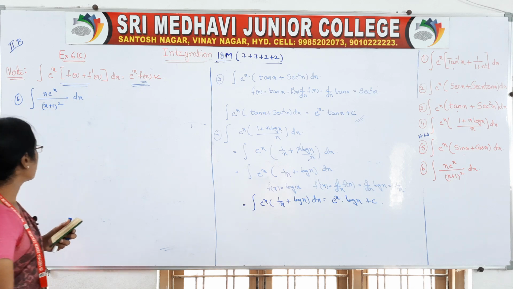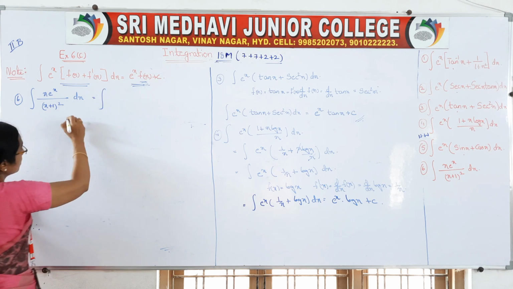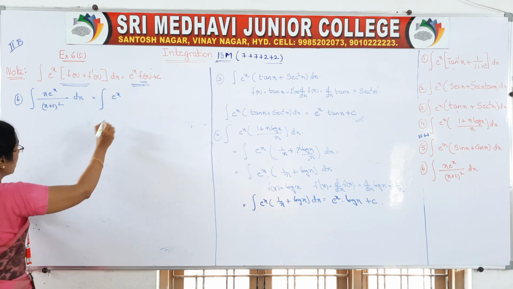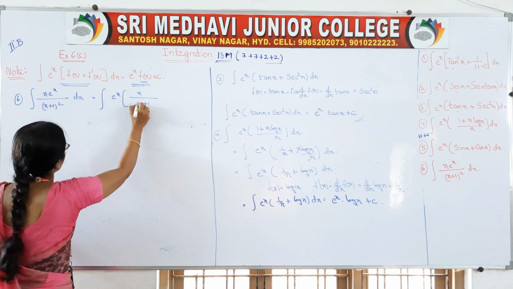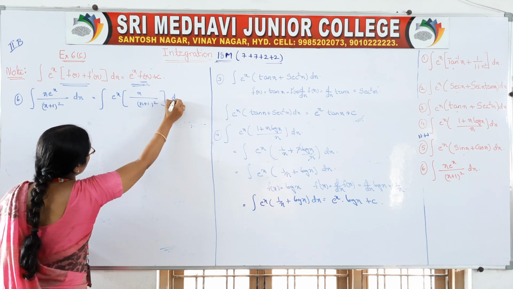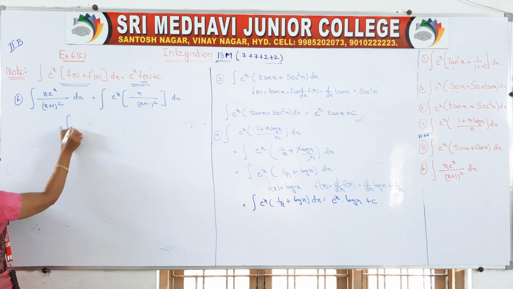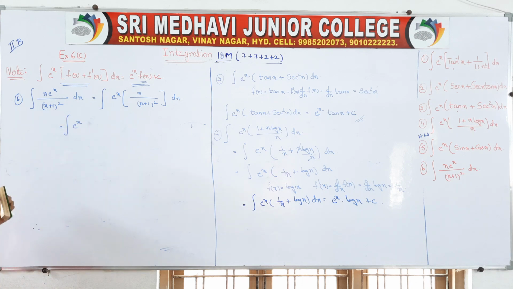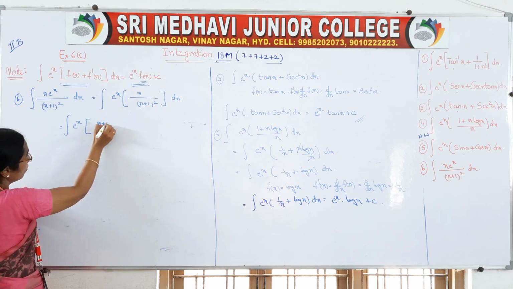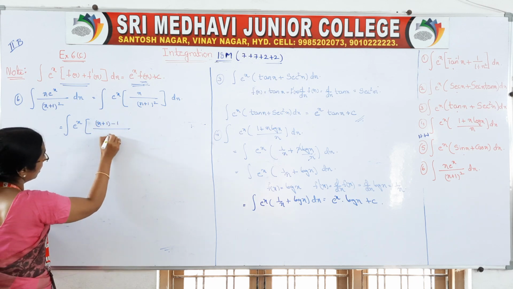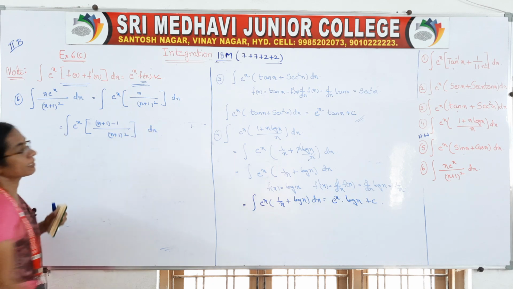So here where is f(x), where is f'(x)? We can write this as e^x outside, into x/(x+1)² dx. After that we can write this problem as e^x into, come on, how can we write? We will add 1 and deduct 1: (x+1-1)/(x+1)² dx.